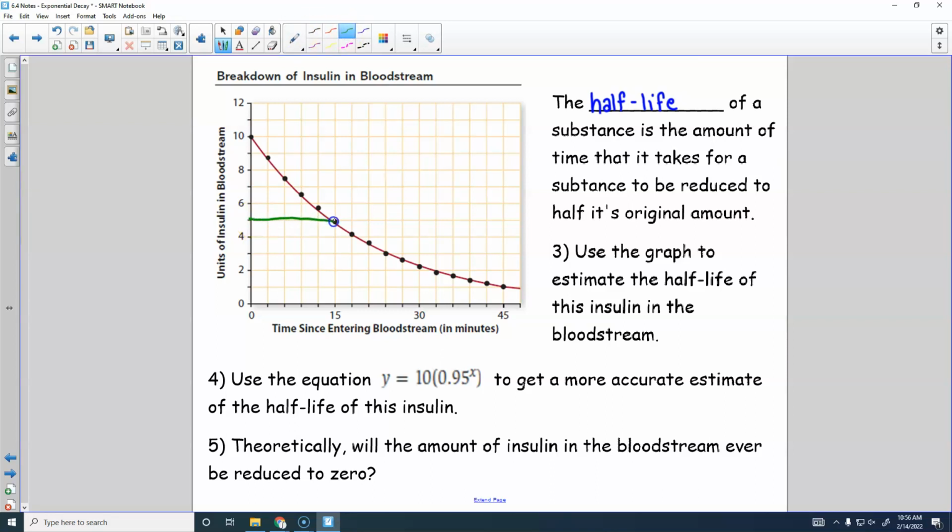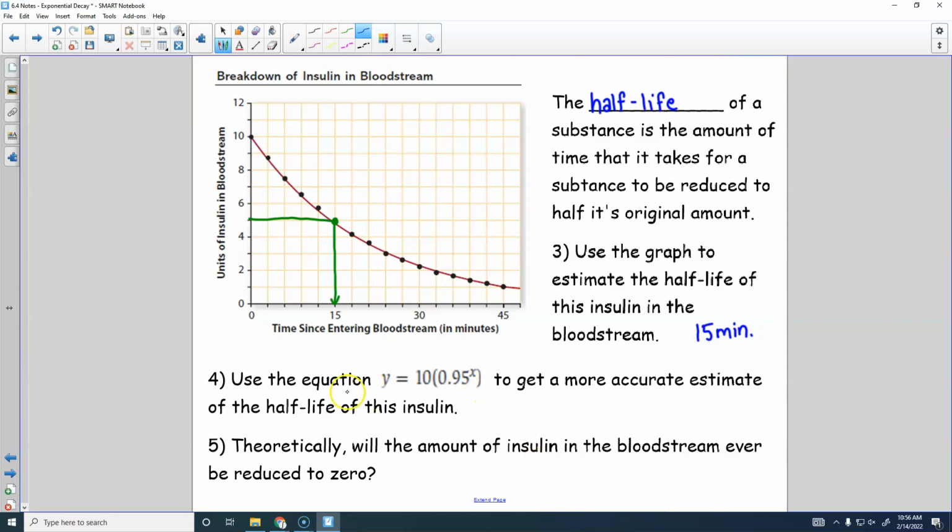If you go over here, right about here, it looks like we hit 5 units, right? If I go down here, what time did that happen? 15. So 15 minutes would be our best guess from this particular graph that we're given.